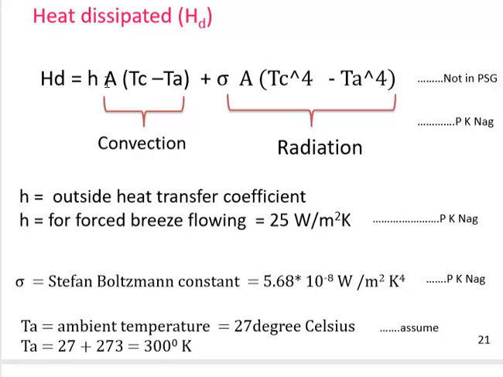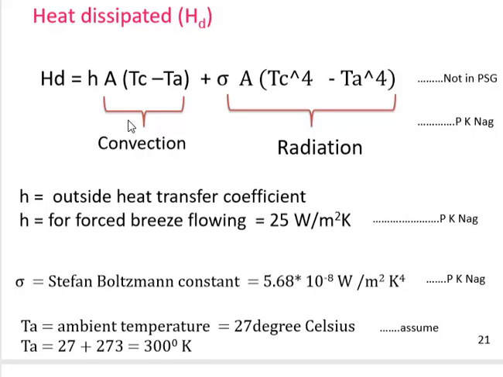A is the area, Tc is the temperature of the casing, Ta is the ambient temperature, sigma is the Stefan-Boltzmann constant, and again A is the area of heat dissipation. So the heat dissipation consists of convection and radiation.